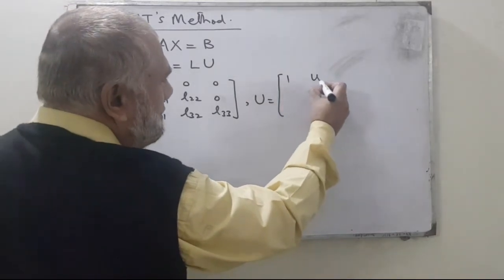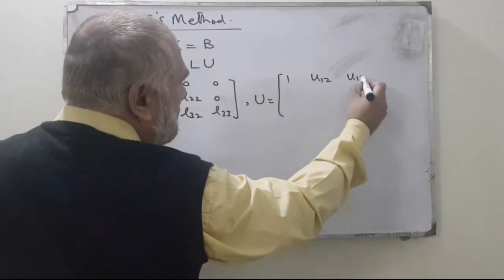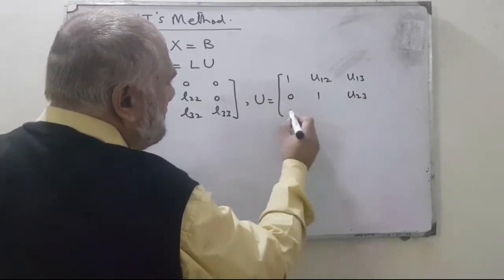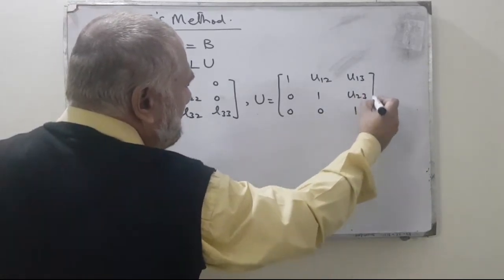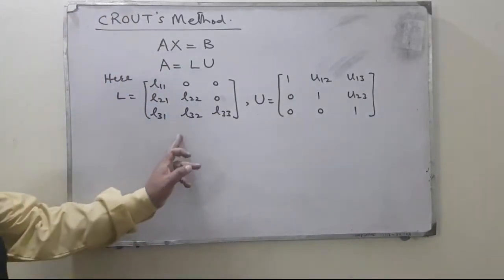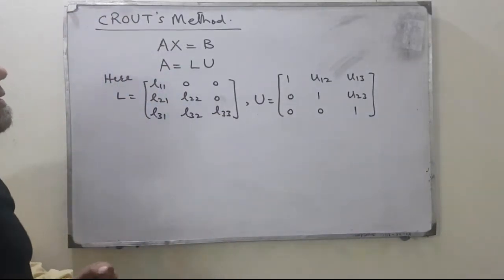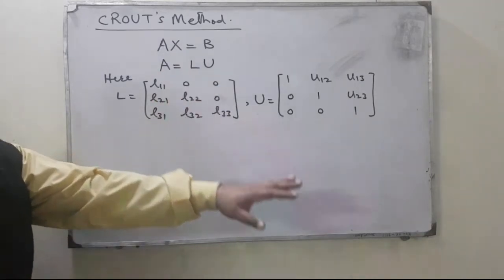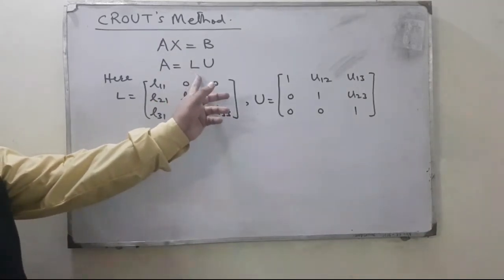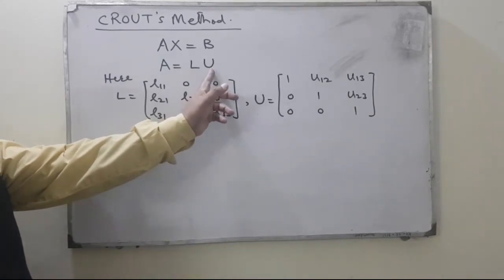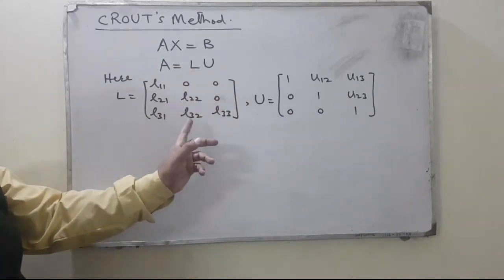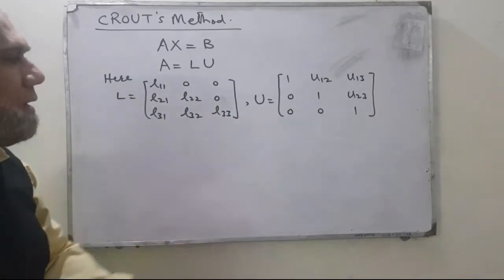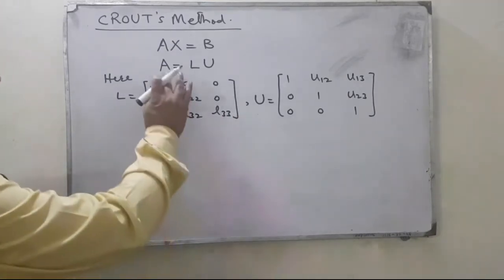So here this will be 1, U12, U13, 0, 1, U23, 0, 0, and 1. So this is the difference between Crout's and the LU decomposition. In LU decomposition, we have taken L as a unit lower and U as an upper triangular. Here we are taking L as a simple lower and U as a unit upper. And the remaining steps are the same.